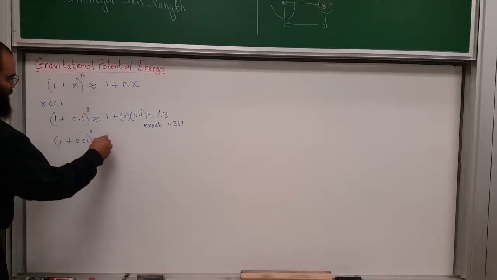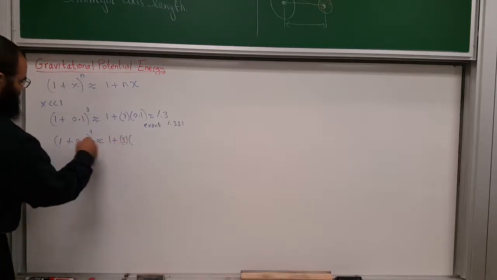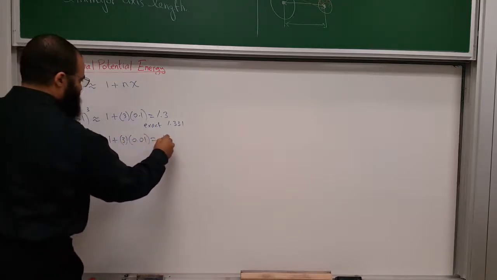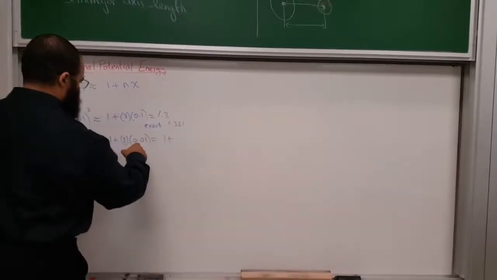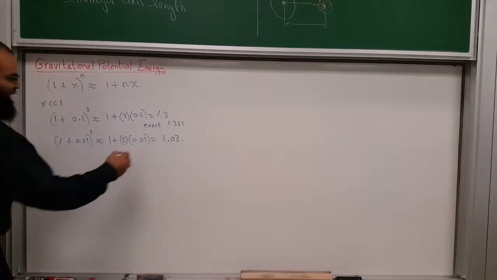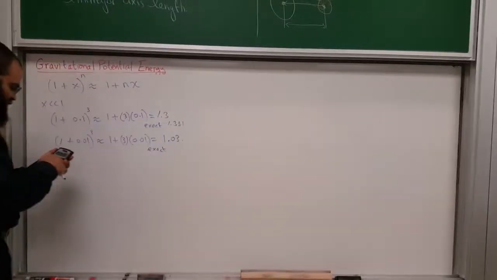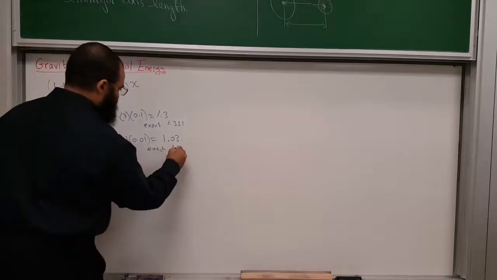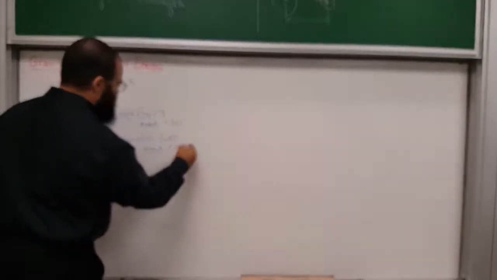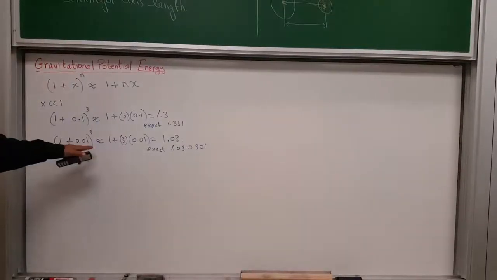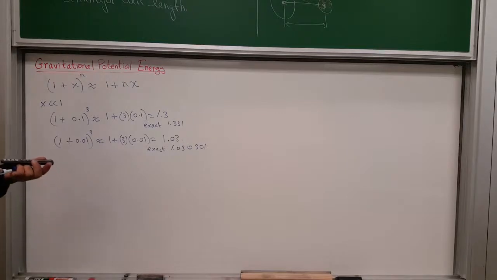The approximation would be 1 plus 3 times 0.01, which is 1.03. The exact, 1 plus 0.01 to the third power, gives me 1.030301. So that's much better. And you can imagine if this is 0.001, it will be even better.